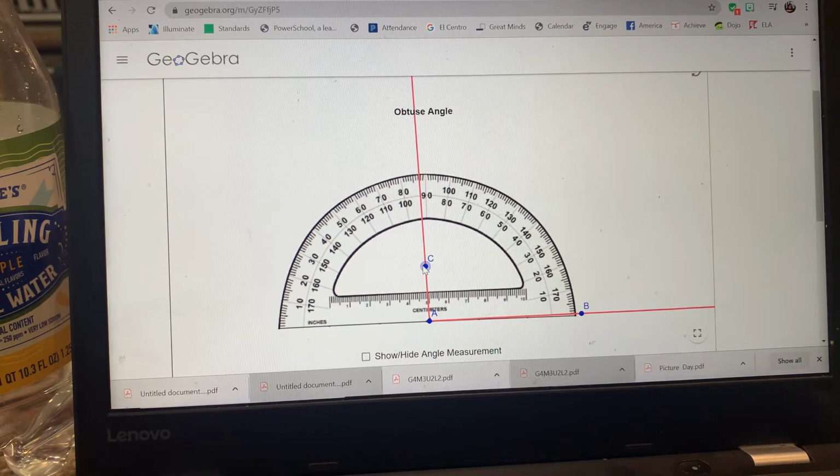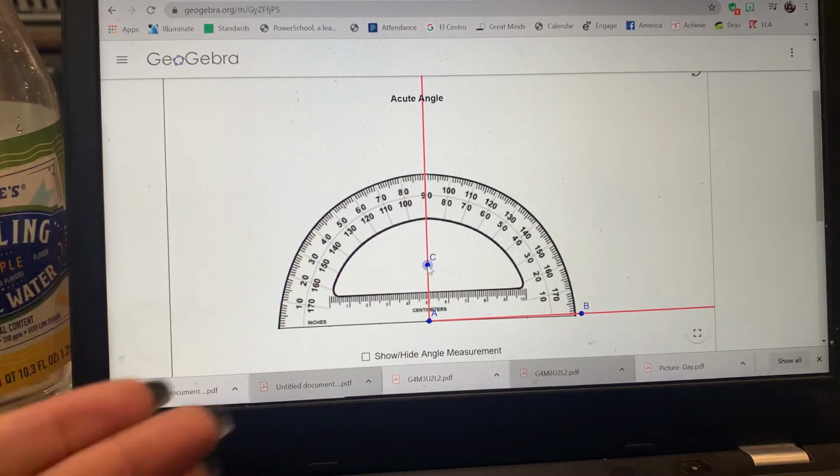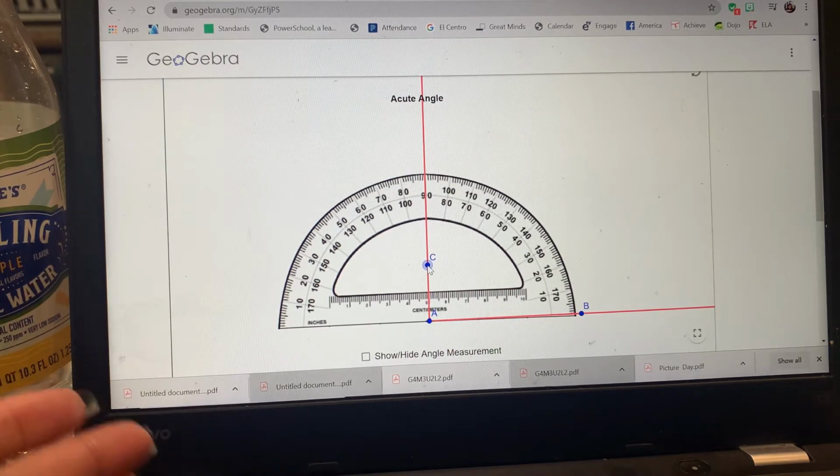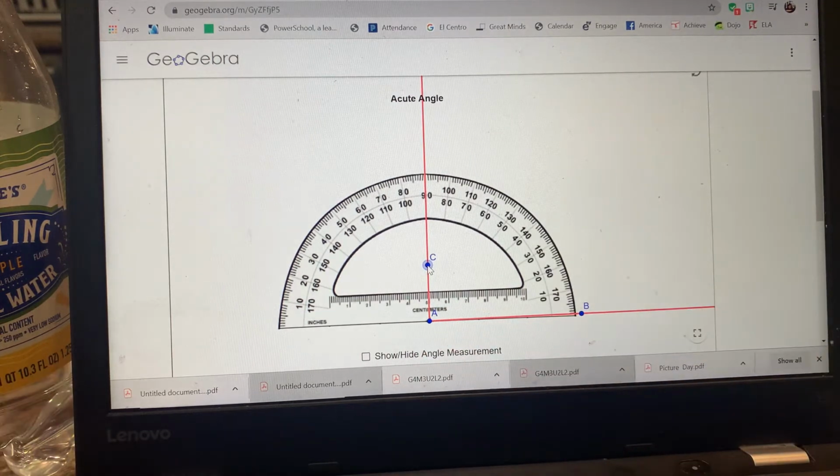When you have a perfect corner, that is called a right angle. So whenever you think of a right angle, you can think of a corner or a perfect edge of a paper. And finally, there is acute, which is anything smaller than.